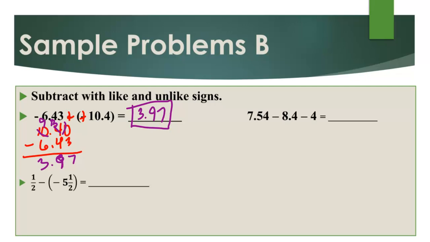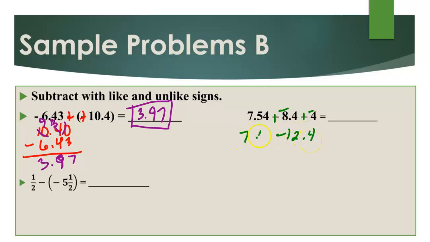Next, we have three numbers here. Here, we're going to be adding the opposite. So I would do negative 8.4 plus a negative 4, which is a negative 12.4.